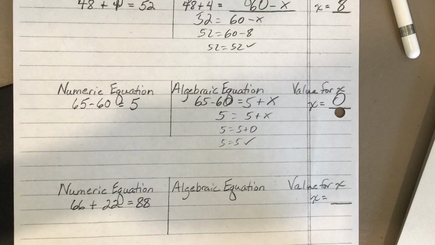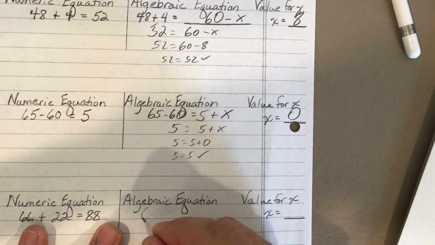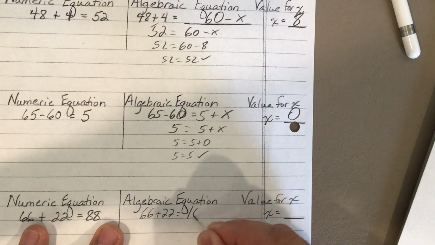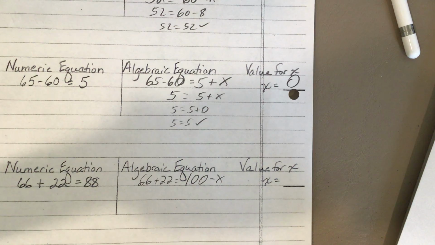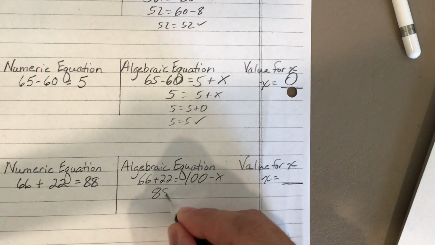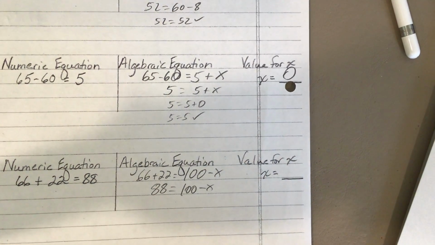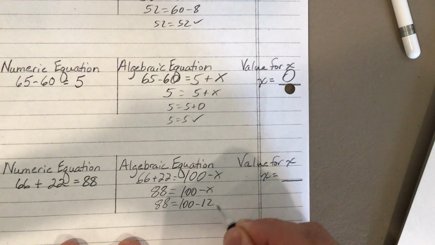And the last one, 66 plus 22 equals 88. Some of these look familiar. I wonder if we didn't get them out of the workbook. 66 plus 22 equals 100 minus something. So again, the left side is 88. 100 minus what would give me 88? If you have $100, how much would you have to spend to get 88 left over? Hopefully you're thinking 12.